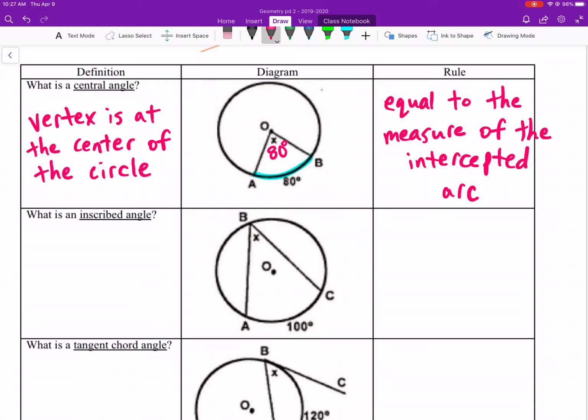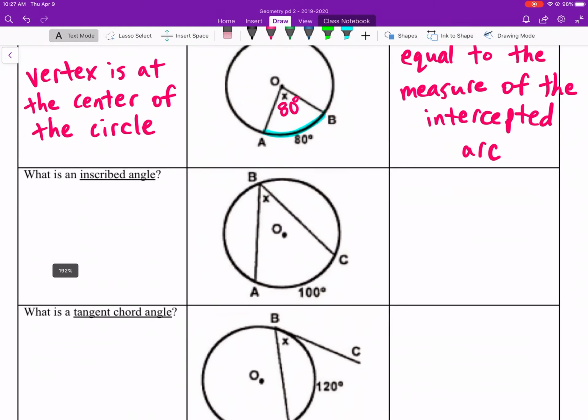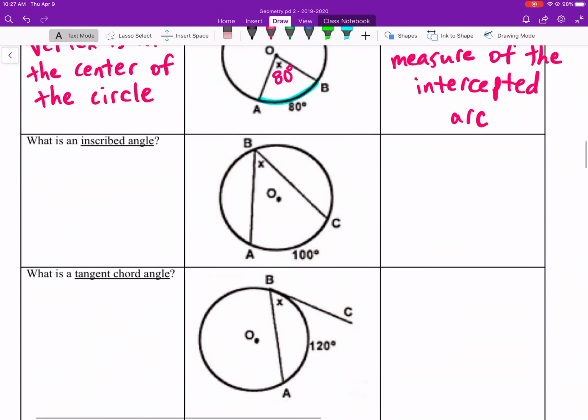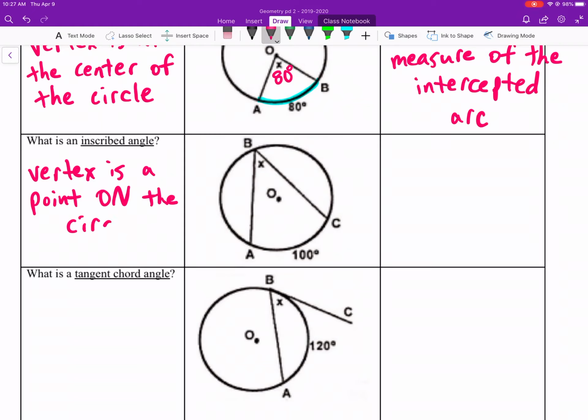Now, next, an inscribed angle. Think about where the vertex is for an inscribed angle. Remember, the vertex is where the two lines come and meet. The vertex is a point on the circle.